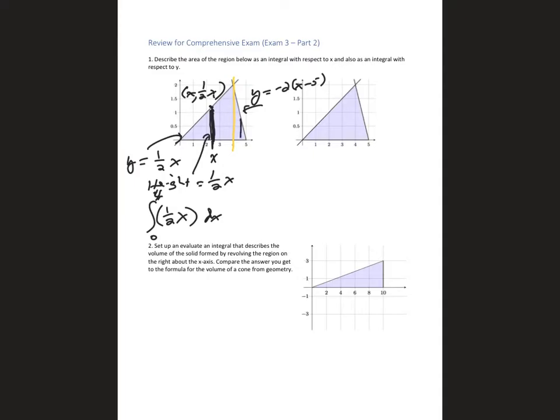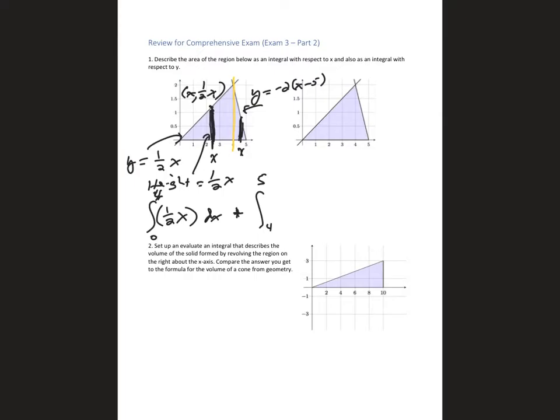We also need to know what's going on to the right of the yellow line. And so I have another case over here where what if my x is bigger than 4? When that happens, then the top point comes from the other equation, the equation of the other line. Again, the bottom y coordinate is still 0. And so I need to add to this the integral from 4 to 5, since that's where the values of x are.